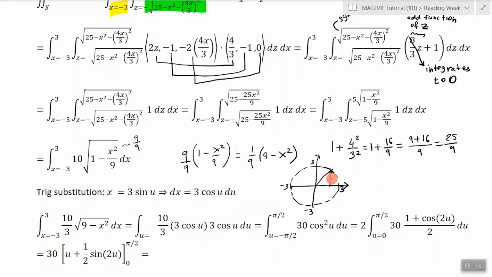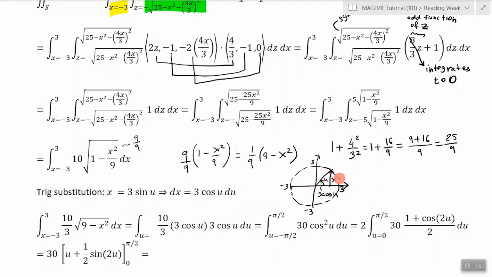And my u is going to be this angle. The reason I want to imagine it this way is because 9 minus x squared square rooted is going to be 3 cosine u. So it's much nicer than this scary square root.